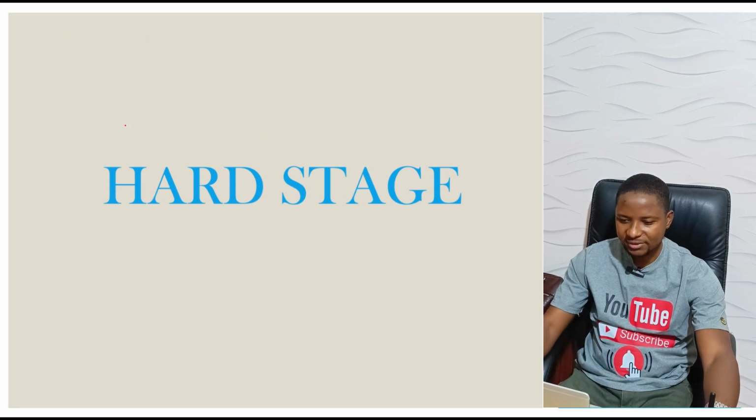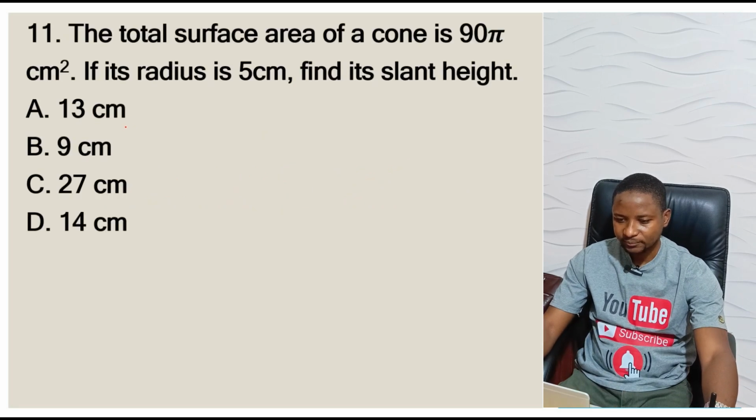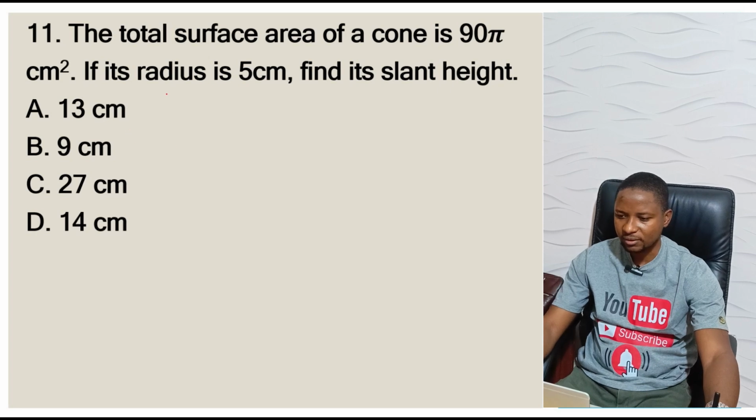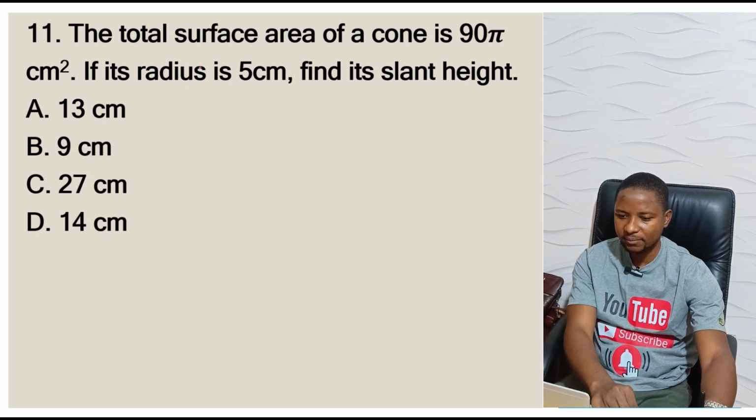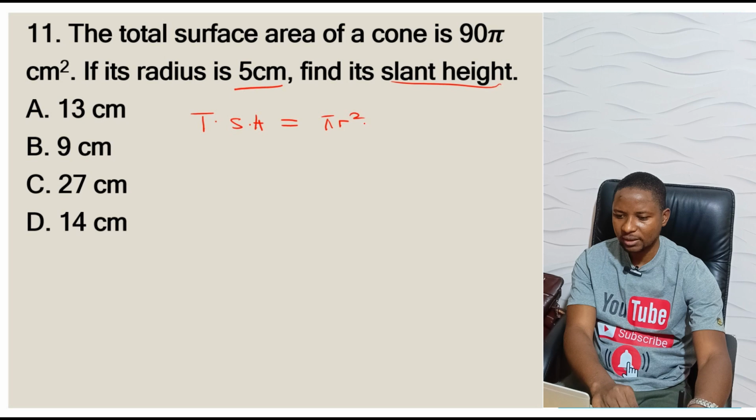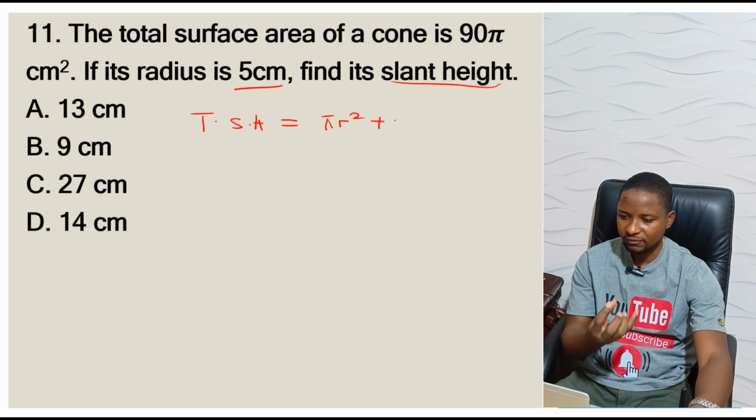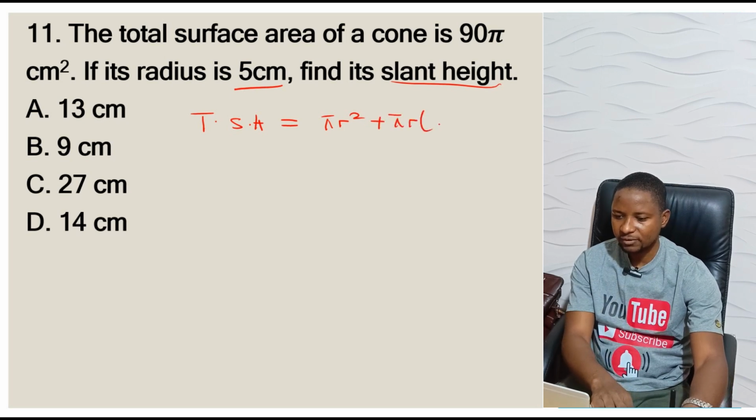Now let's move to the last stage, add stage. 11. The total surface area of a cone is 90 pi. They give us the radius and we're looking for the slant height. So the first thing to do is to write the formula for total surface area of a cone, which is pi r squared, the area of the base, and the curved surface area, which is pi r l.